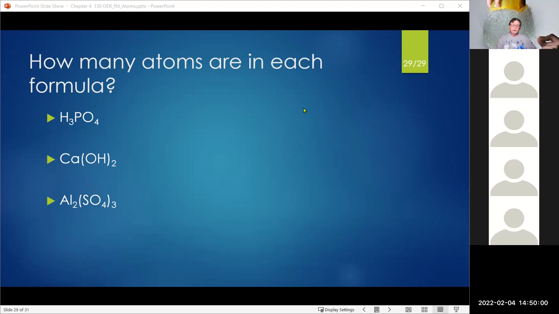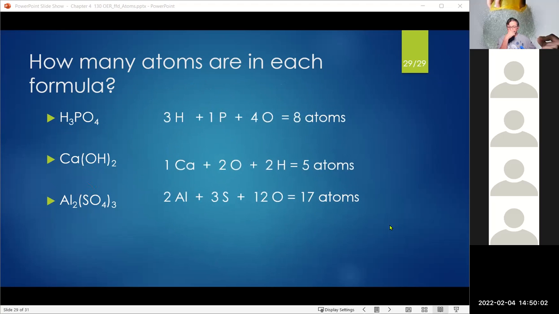All right, so for H3PO4, or phosphoric acid, we have 3 hydrogens, 1 phosphorus, 4 oxygens for a total of 8 atoms. For calcium hydroxide, the second example, we have 1 calcium. In the parentheses, there's a subscript 2, telling us that we need 2 of these hydroxide units. If we don't need more than 1, we don't use parentheses, we just leave it as OH.